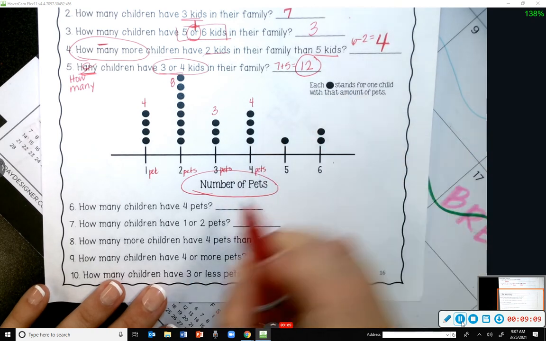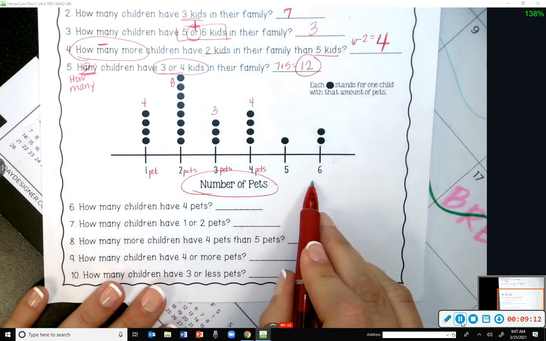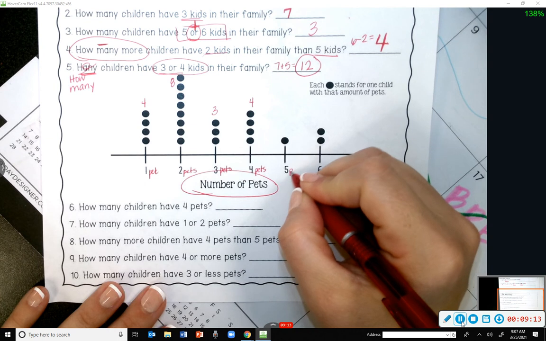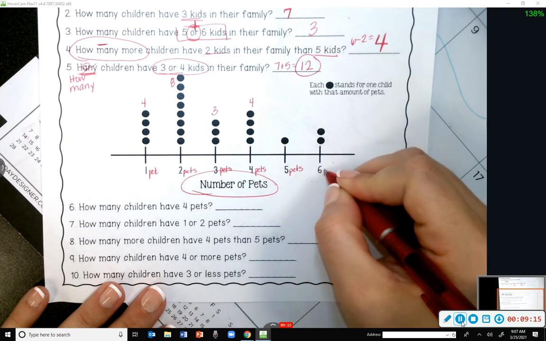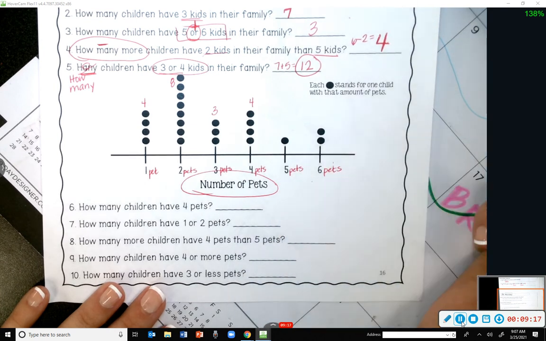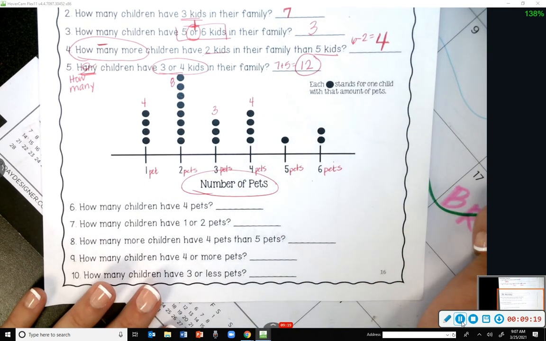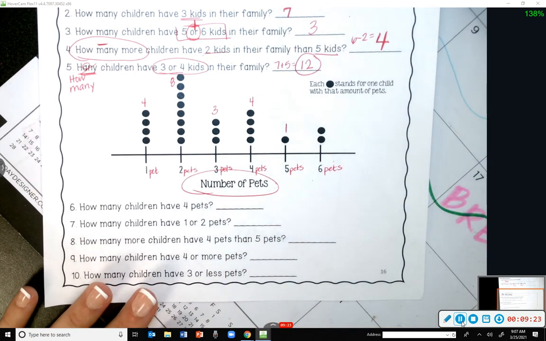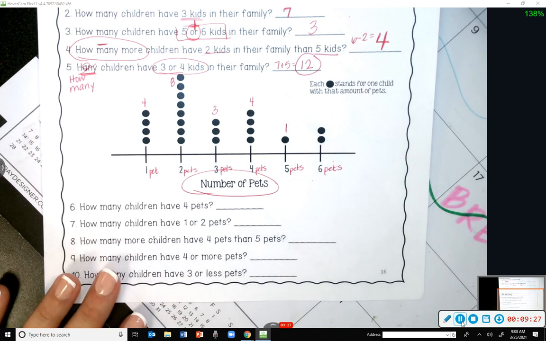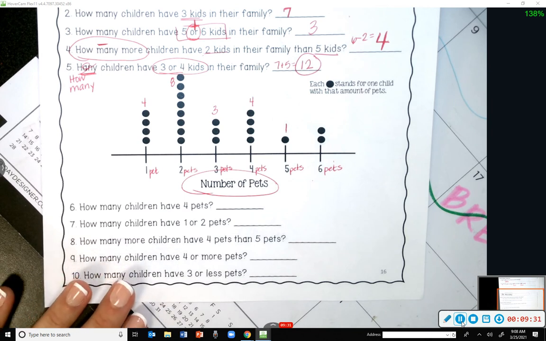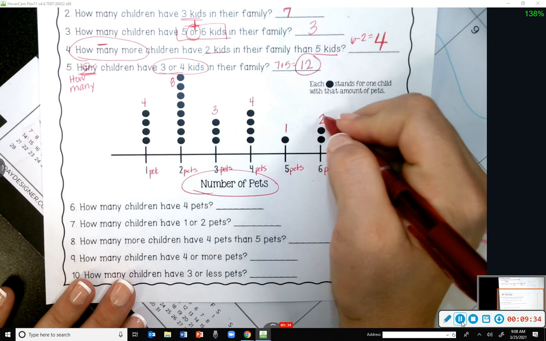So all these numbers going along the bottom represent how many pets, okay? How many people have 5 pets, Bryson? 1. How many people have 6 pets, Jalen? 2. Okay.